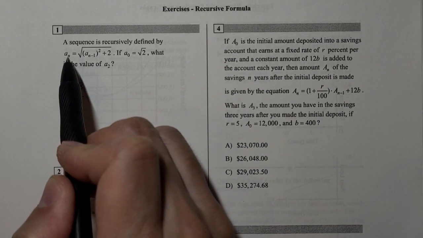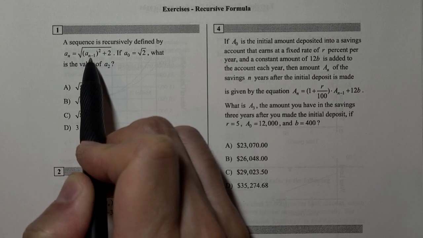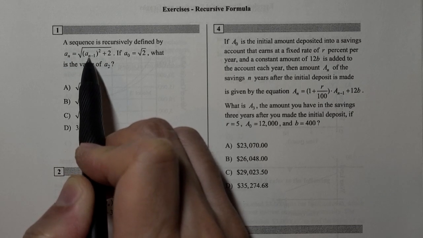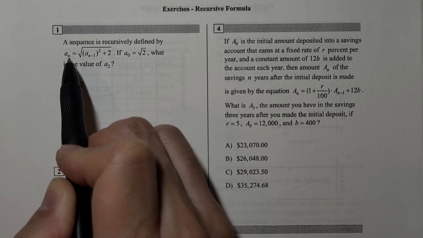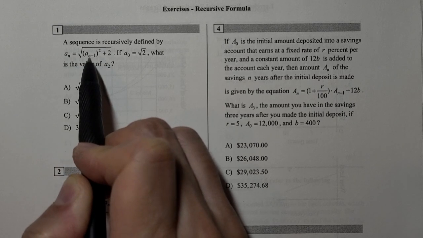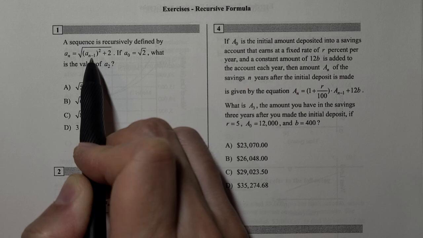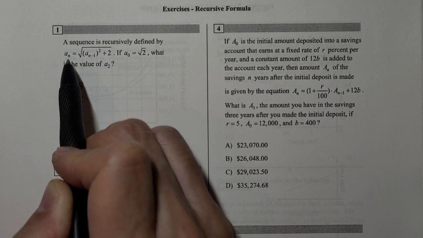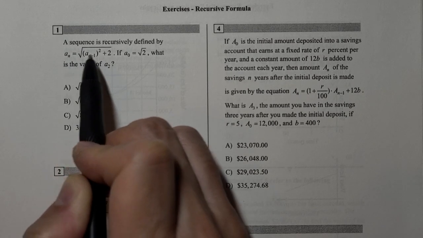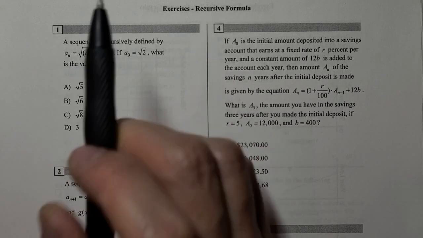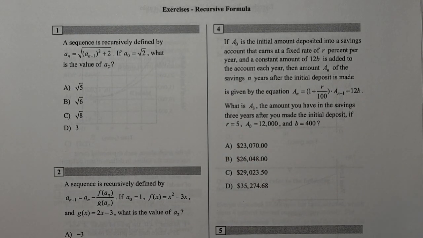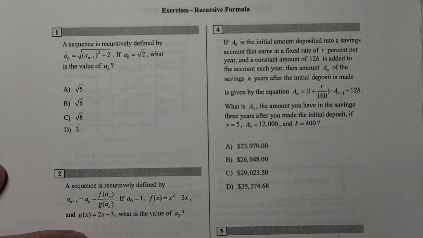So you can see here, for some value a sub n, it depends on the previous value a sub n minus 1. For example, if n is 1, then it depends on a0. So a1 depends on a0. a2, when n is 2, depends on a sub 1, because 2 minus 1 is 1. So this is an example of where the next value depends on the previous value, as I was saying.